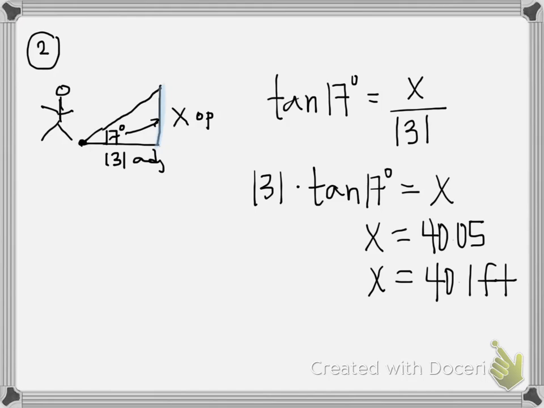All right, let's look at number 5 here. Number 5 says a lifeguard is sitting on a platform looking down at a swimmer in the water. So the lifeguard is on a platform.